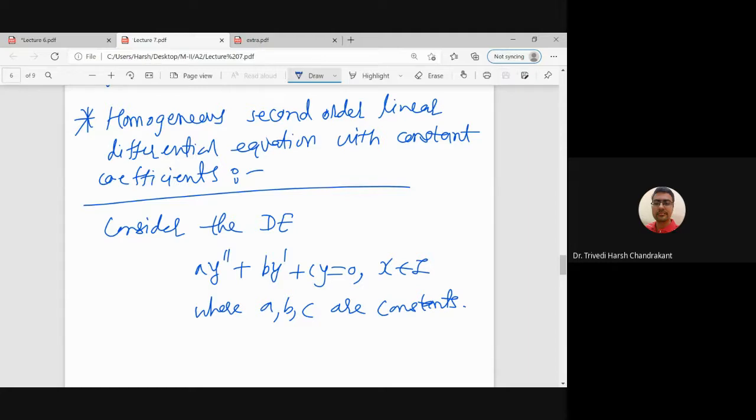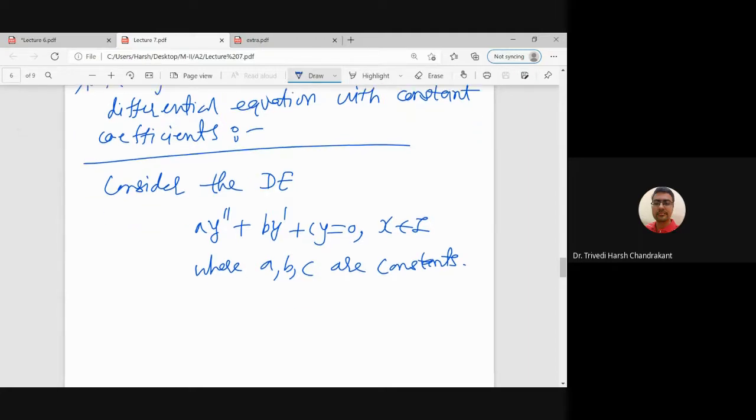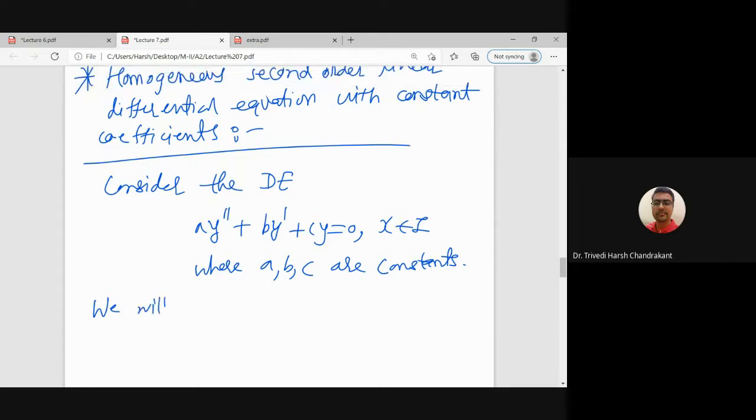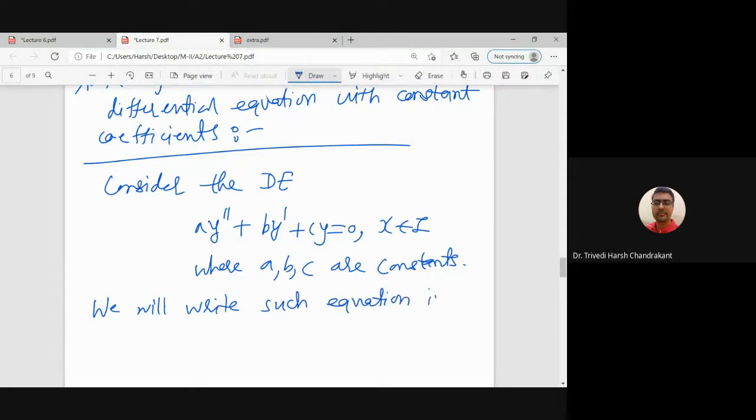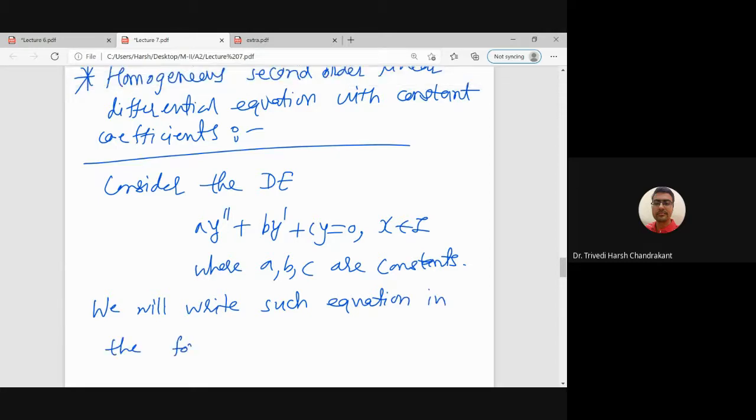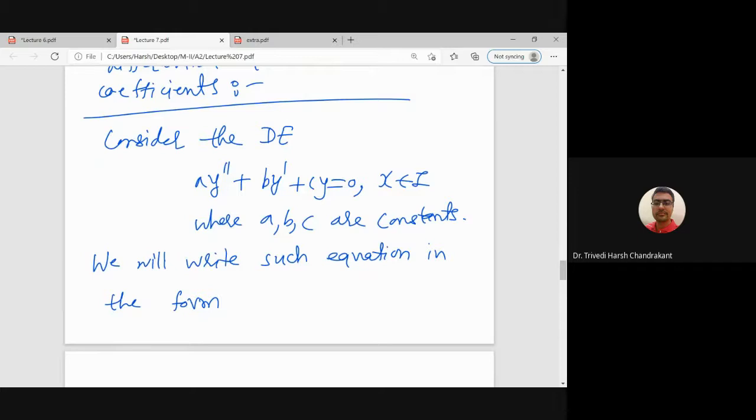So in such a case, how to find the solution? So we usually write such a differential equation in the form, yeah, so we can rewrite this as a times second derivative of y plus b times first derivative of y plus c times y is equal to 0.